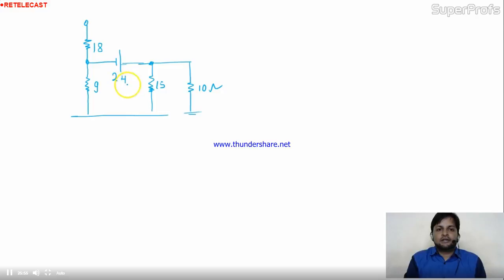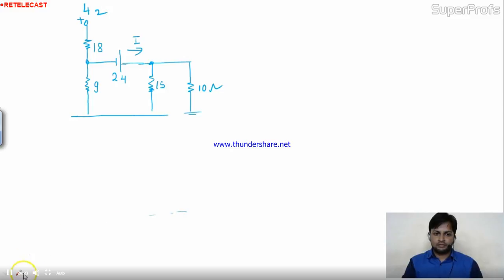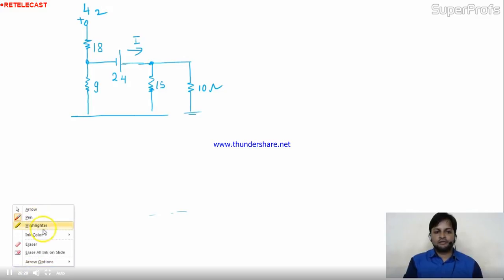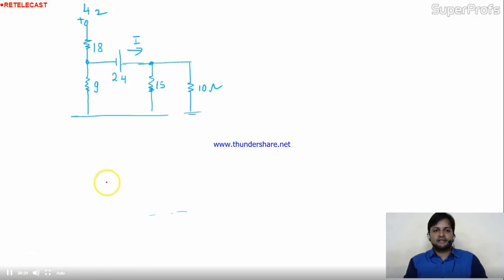Here it is 24, this one is 42 and this is the positive side. So friends, they are saying to find out the current in the 24 volt energy source, right? This is a very easy circuit. This one is also an easy problem, but the circuit is given like this, so don't confuse yourself.